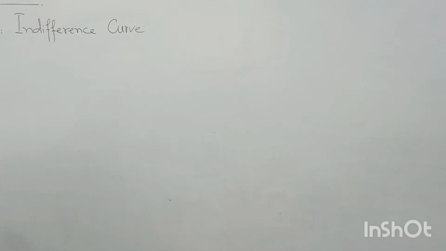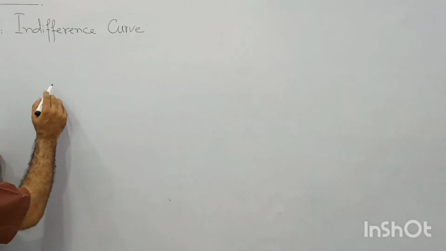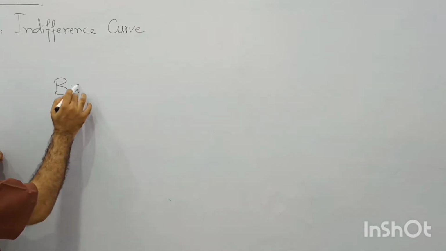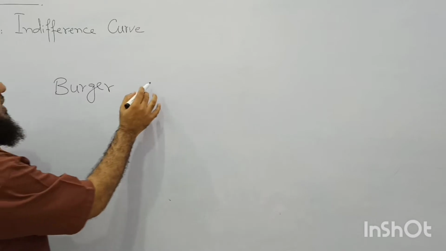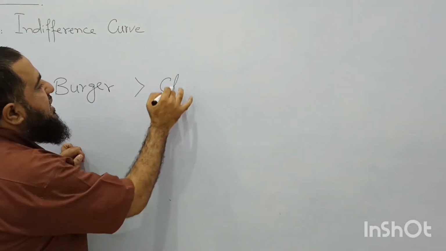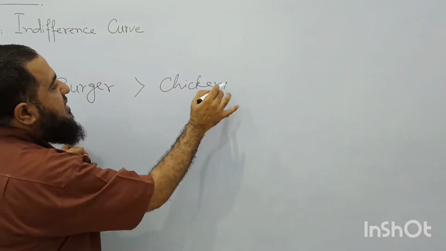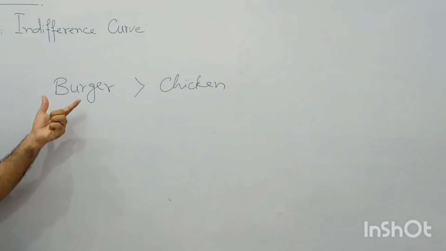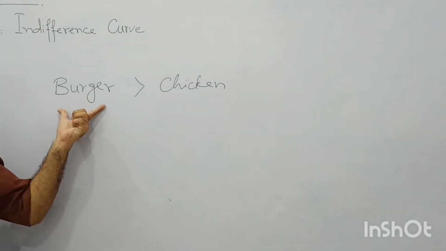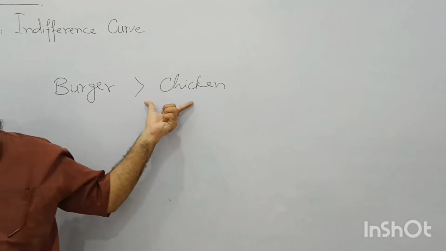For example, if a consumer prefers burger over chicken, it means burger gives the consumer more satisfaction than chicken.